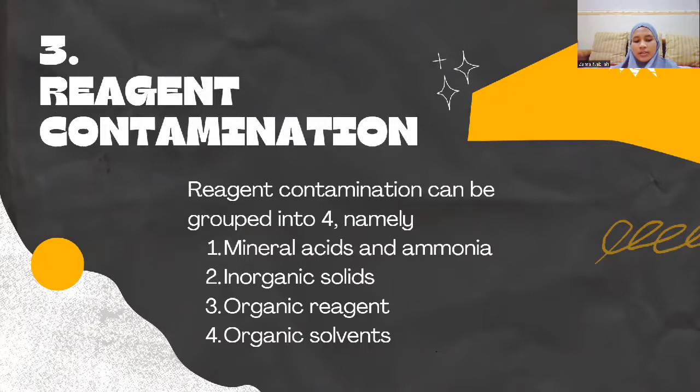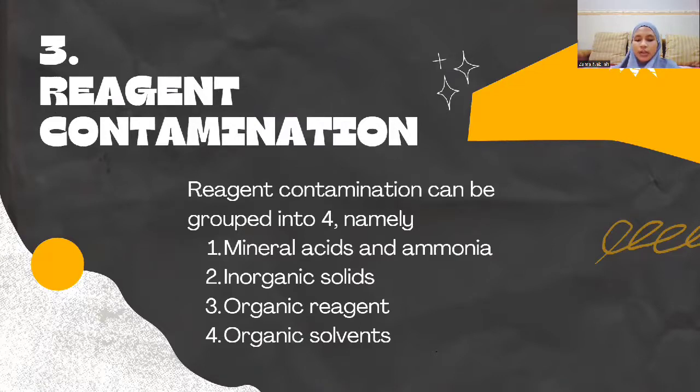Number 2, inorganic solids. Inorganic solids is the quality of the reagent is usually pure enough to be used directly without pre-purification, but use a blank solution as a control. Number 3, organic reagent. Organic reagent is reactive to metals.